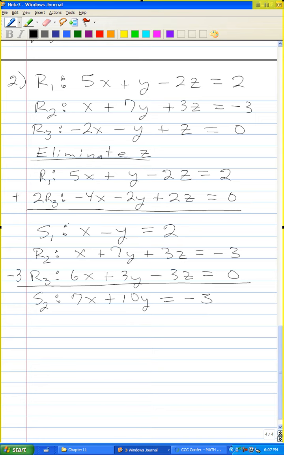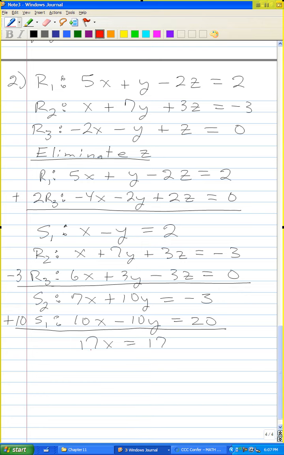Maybe in this case, since it's easier to do this, I'll multiply the first equation by 10 and add. And so I get 17x, 10y's cancel, equals 17.